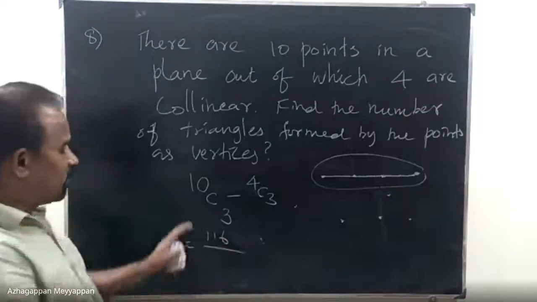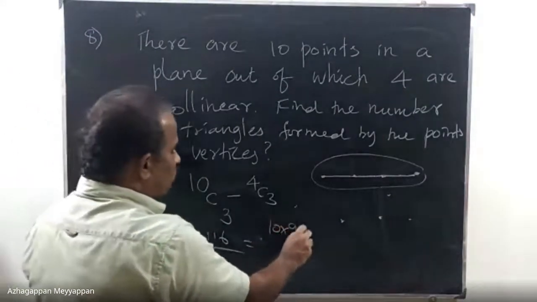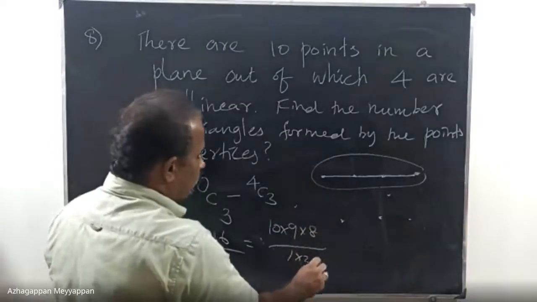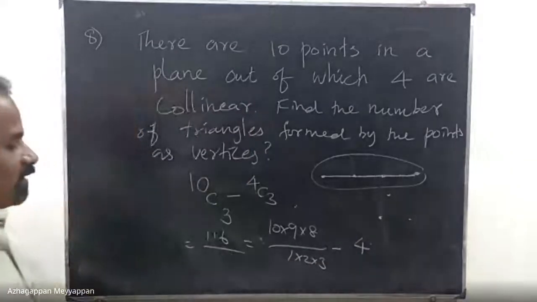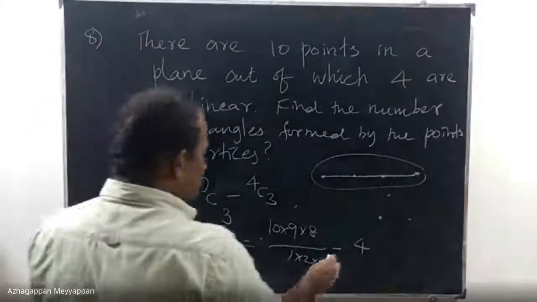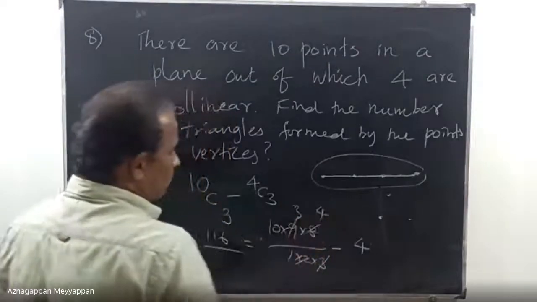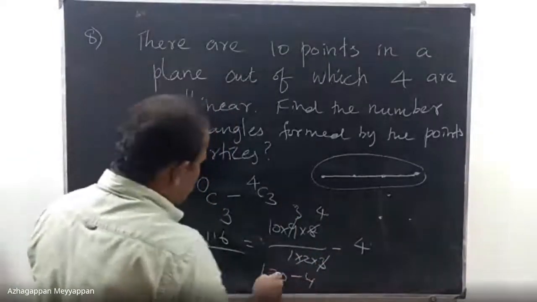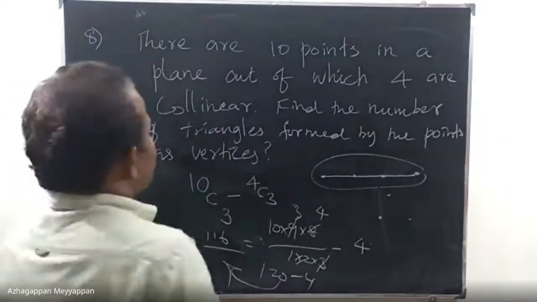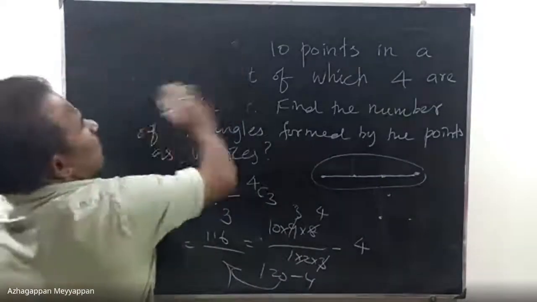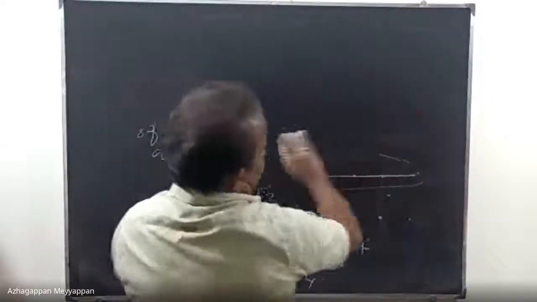If you calculate it, you will get 116. That is 10 into 9 into 8 divided by 1 into 2 into 3, minus 4C3, which is 4. So 120 minus 4, therefore 116. Collinear means the points lie in a straight line.